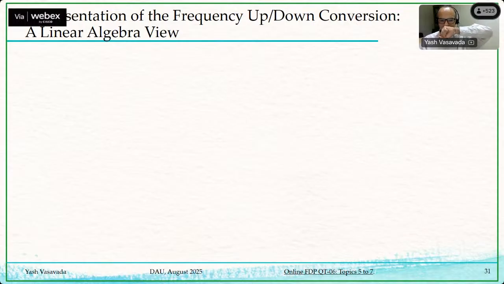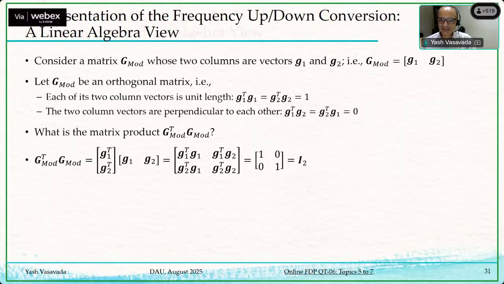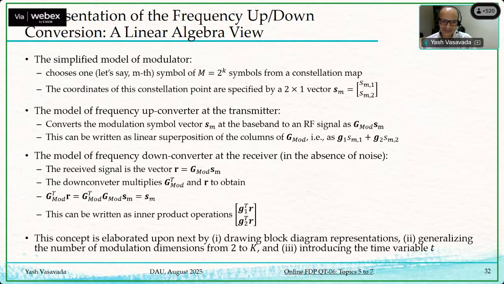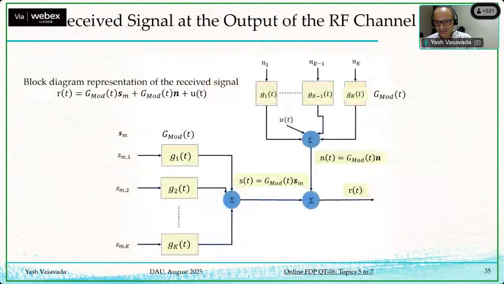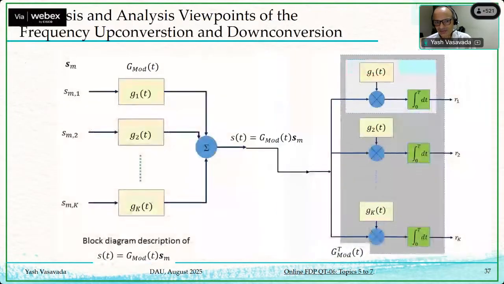I have a representation of modulation in terms of linear algebra, but in terms of the syllabus of this course that has been given to me, the linear algebraic representation of frequency up conversion and down conversion is not part of the syllabus. So I'm going to skip over the slides. They are very, very elegant and very interesting mathematical topics in themselves.